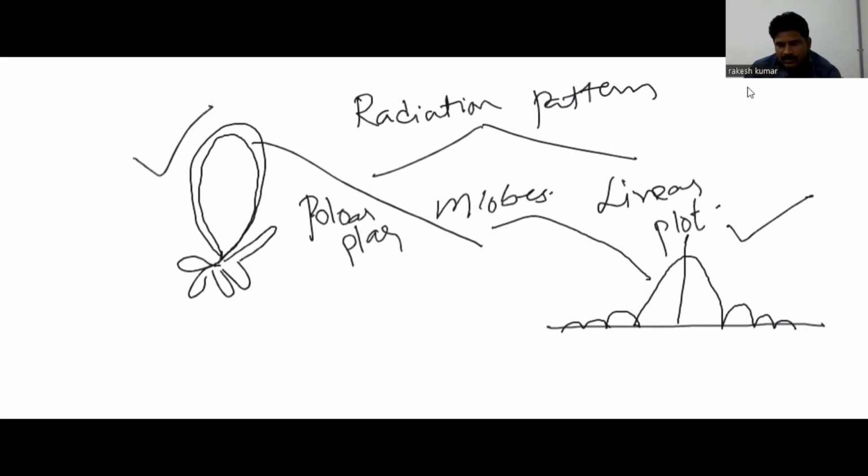Here, on the x-axis, it is theta. On the y-axis, it is the electrical field component, the normalized field strength. Here also, this is the theta direction.